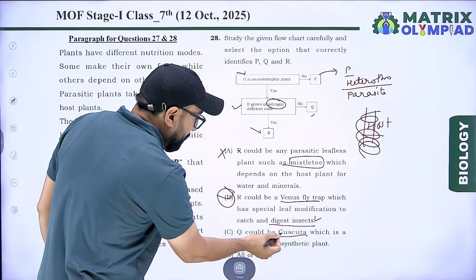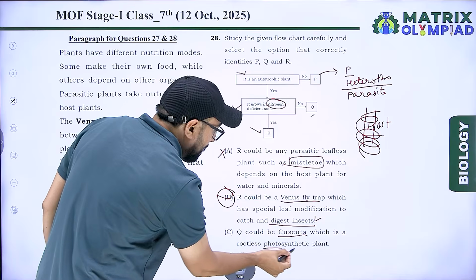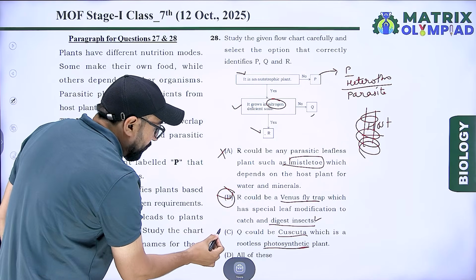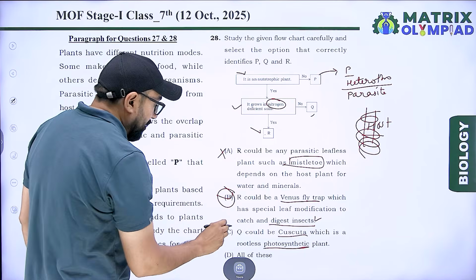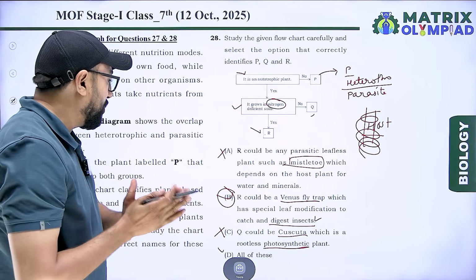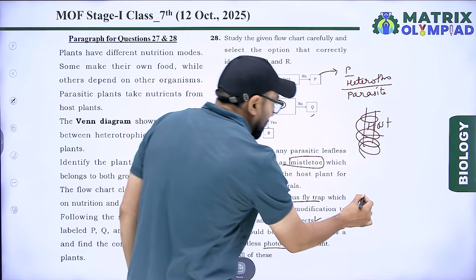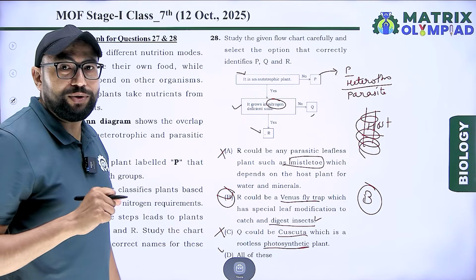So Q could be cuscuta, which is rootless. It is not photosynthetic, it is a parasite. The last option is all of these, but according to the flow chart, our right option is B. B is the right option for this question.